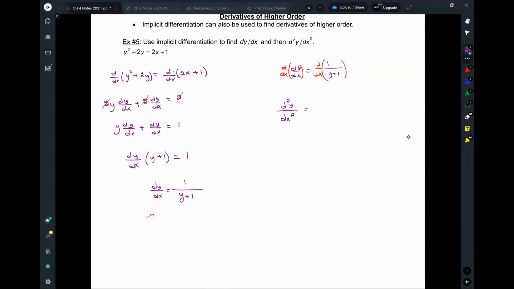Well, now how am I going to take a derivative of that one? Tell me, what's in your toolbox here? What do you guys think? The notation is d squared y over dx squared. The d gets the square on top, the x gets the square on the bottom.